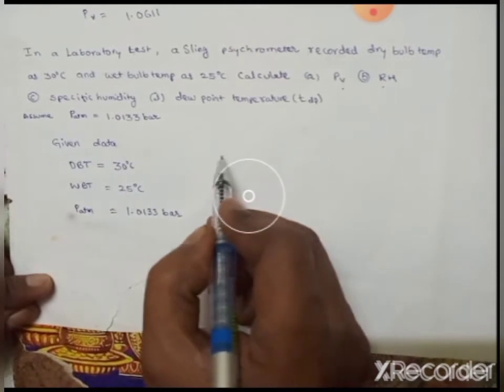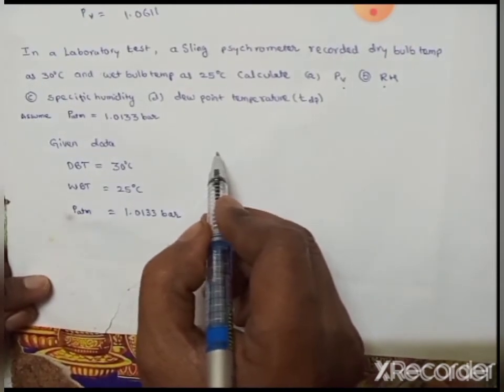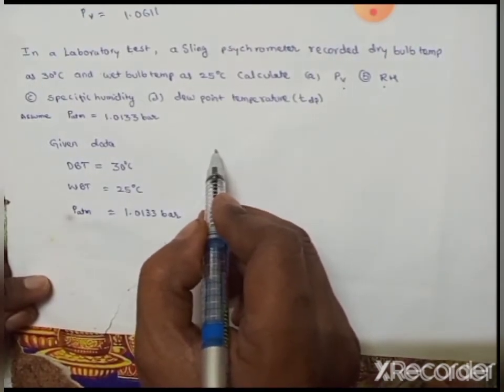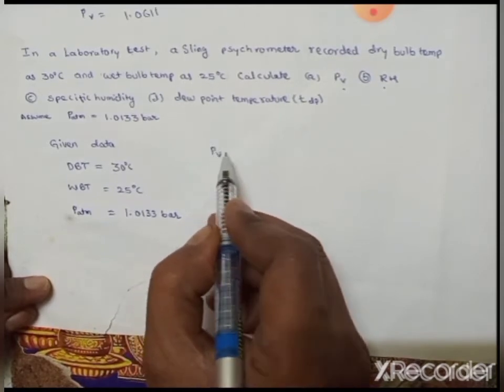So what is the formula to calculate the partial pressure of water vapor?